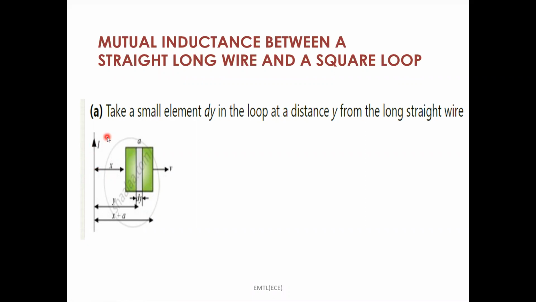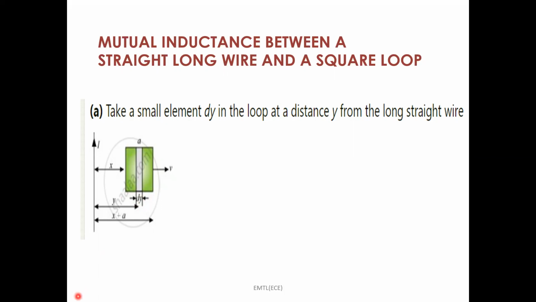So the magnetic flux lines at the point dy, that means dy is exactly on the plane, a small distance dy. We have to calculate the number of flux lines passing through this area.